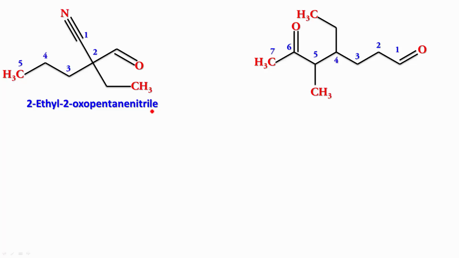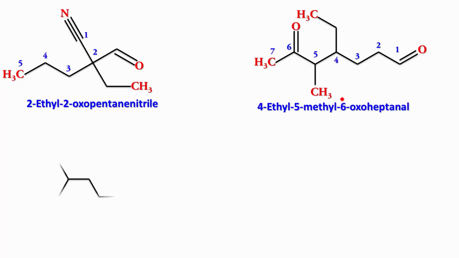Now here I am not going up to make 5 and 6, because the number of carbons are less. So at 4 you have ethyl, at 6 you have oxo, at 5 you have methyl, and it's going to be heptanal. Remember it's aldehyde. 4 ethyl, 5 methyl, 6 oxo, heptanal.